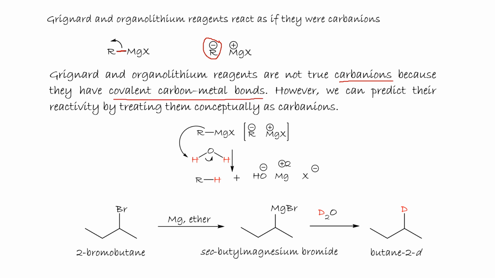However, we can predict their reactivity by treating them conceptually as carbanions. So if I have R minus Mg plus, this will go to the hydrogen, react with water to abstract the hydrogen, this cleaves out, forming RH, and then OH minus with magnesium and X ions in the medium.